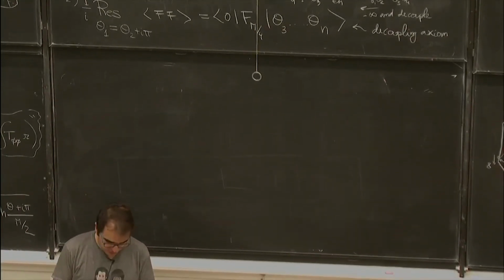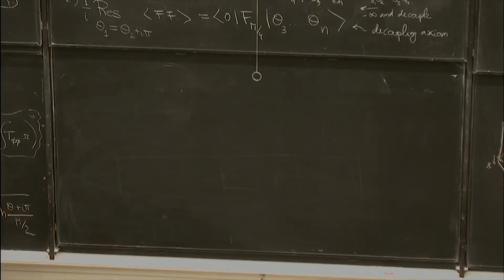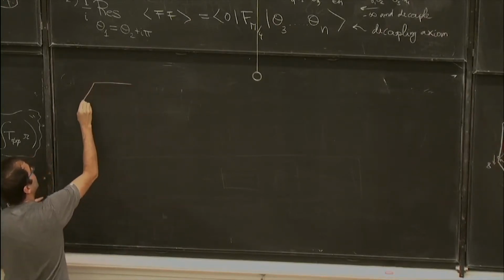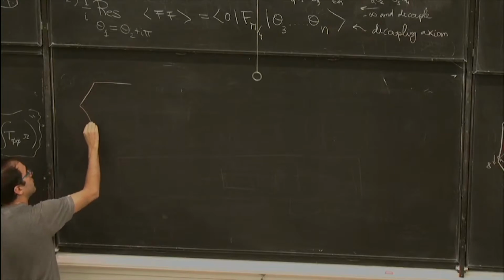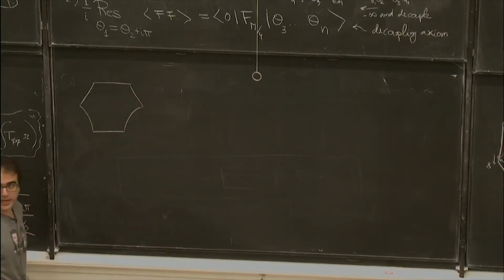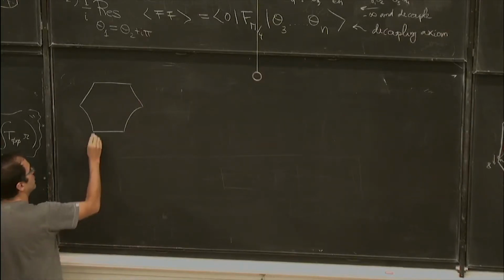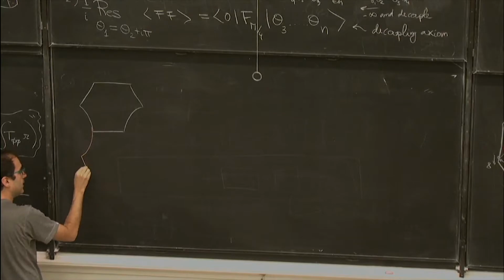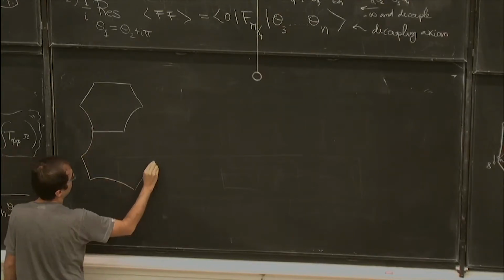There are two computations I would like to do. One is the following. Let's imagine we have, for example, a hexagon, or more generally, an m-gon, and we want to glue it. So we want to put another one here, and we want to glue it.